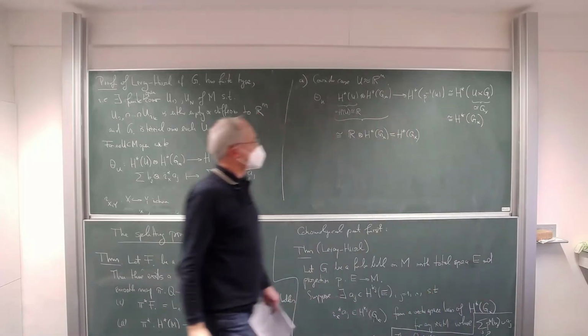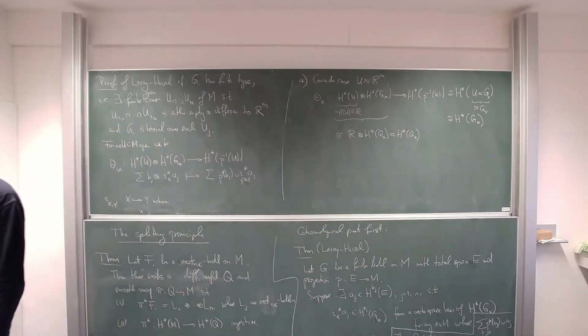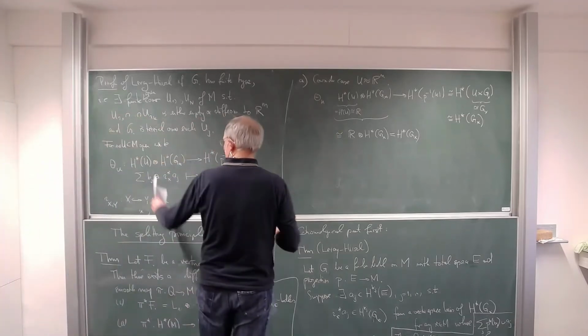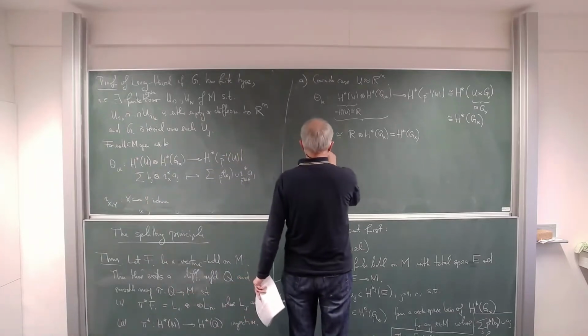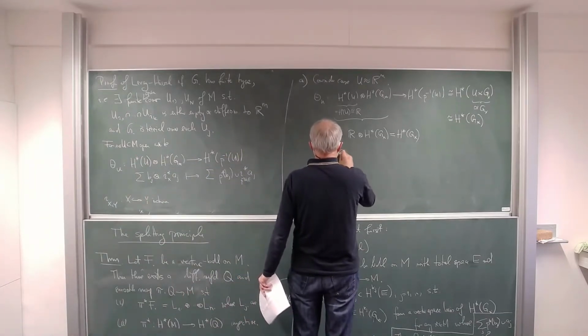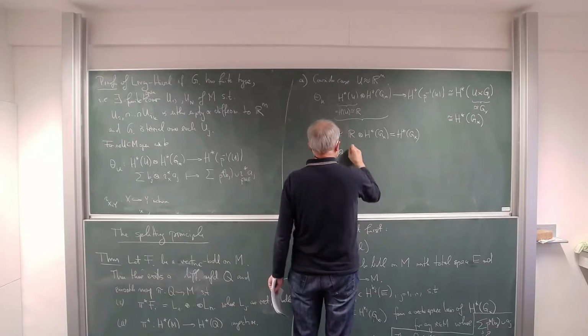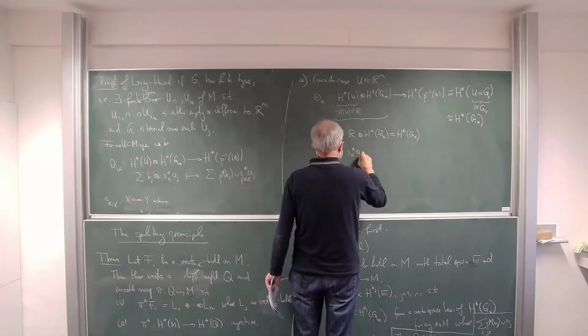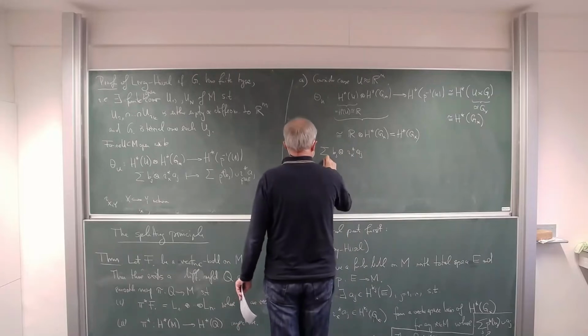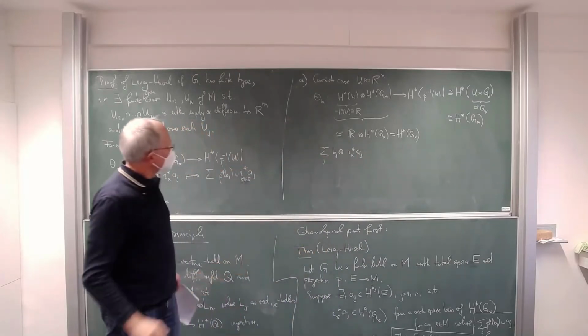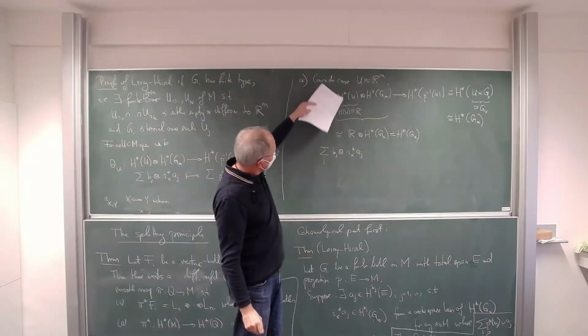Now that looks good because now we see on the left side and the right side we have basically the same space. And what does the map do? Well, we have to take such a tensor product now under these isomorphisms.